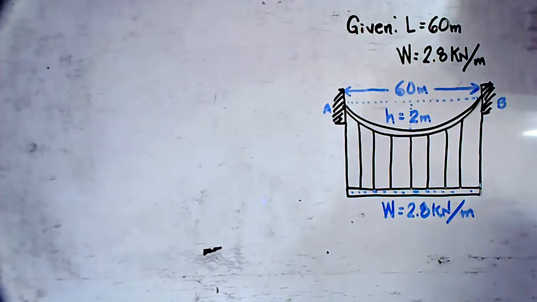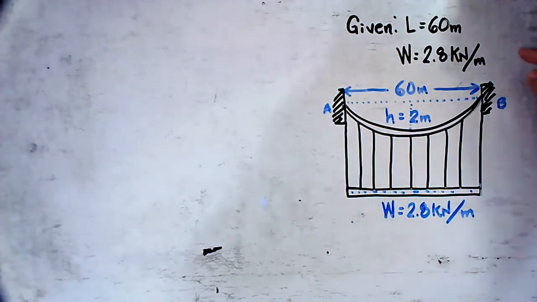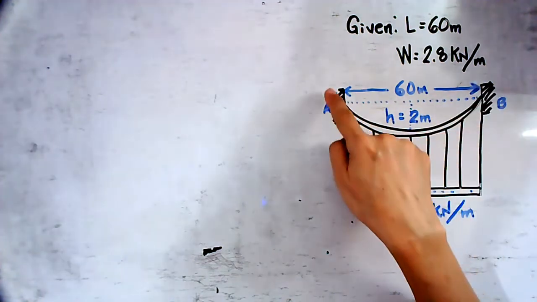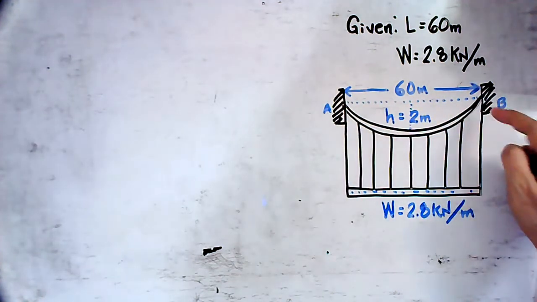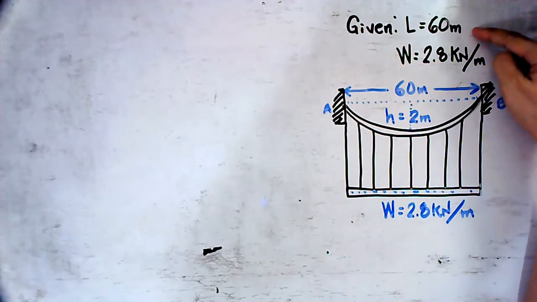So if we are going to identify the given data in the problem, the length from point A to point B is 60 meters.